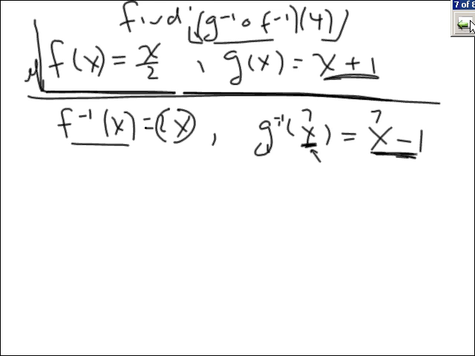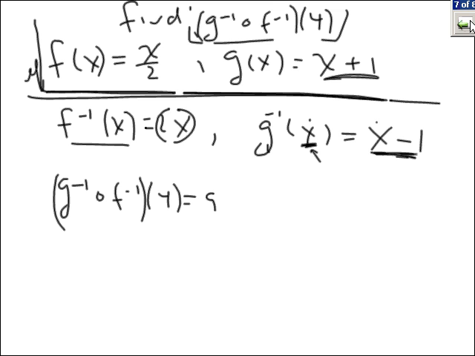We have the two inverses. They did not change. I hope that is very clear. Okay, so you have g inverse circle f inverse of 4.